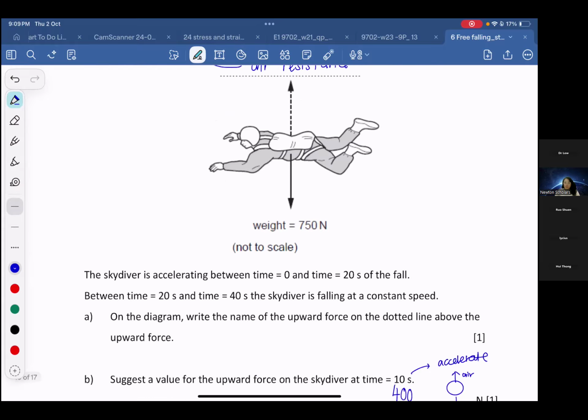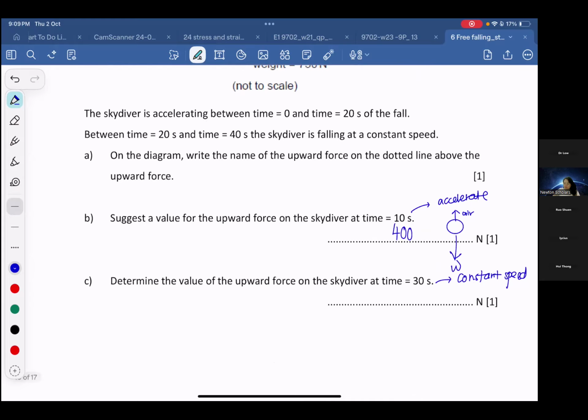Correct, thank you, Megan. It will be 750 Newton. At this moment, your air resistance must be equal to your weight. Since I know the weight is 750 Newton, my air resistance is also 750 Newton. Is that clear, dear all?